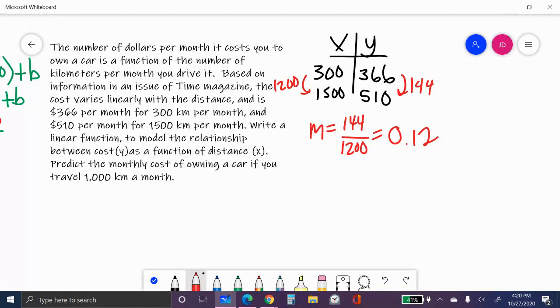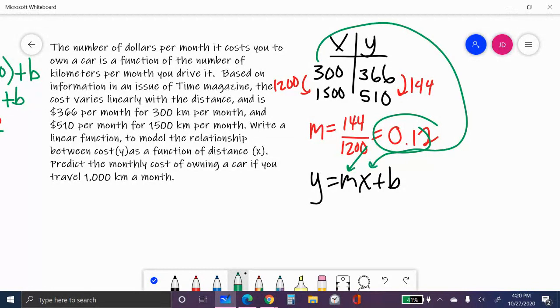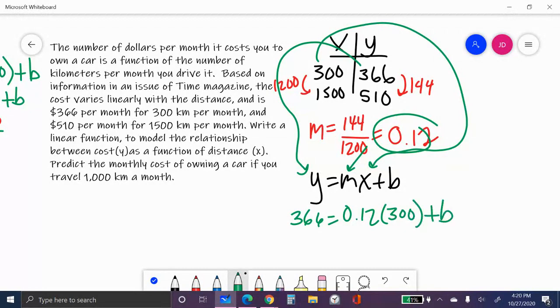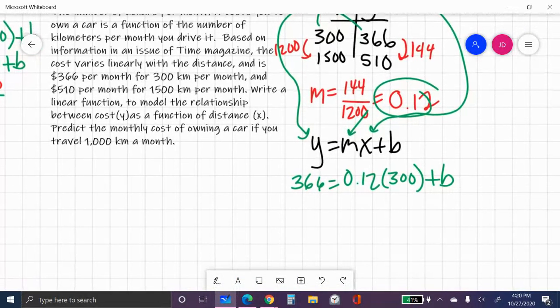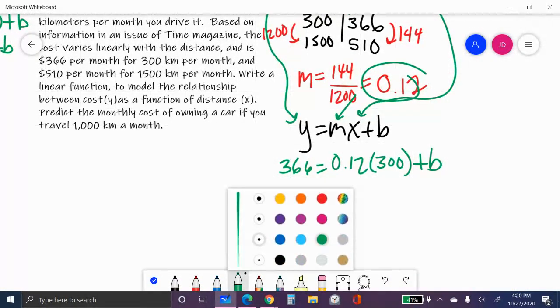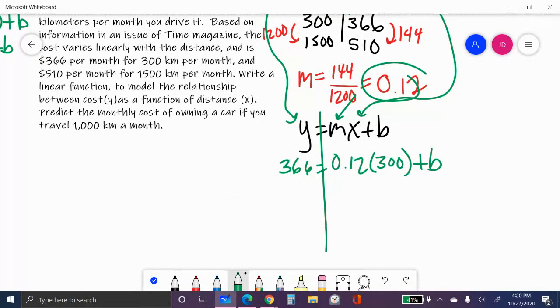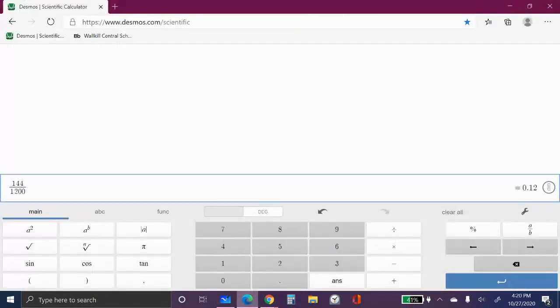Now I got to find my b. So again, I'm going to write my y equals mx plus b. I'm going to plug in my 0.12 in for m. I'm going to plug in probably this one. It'd be easier to do 300 in for x, 366 in for y, plus b. And then I can give myself some space here. 0.12 times 300. I don't know what that is.